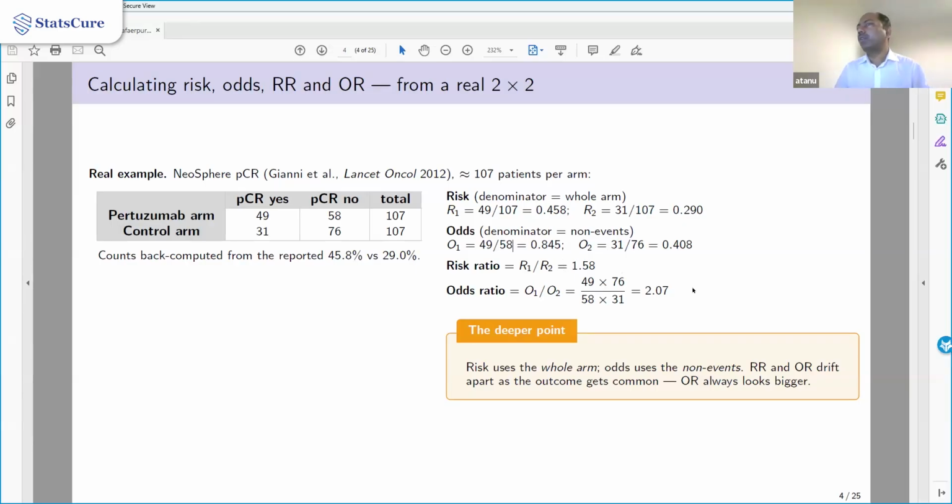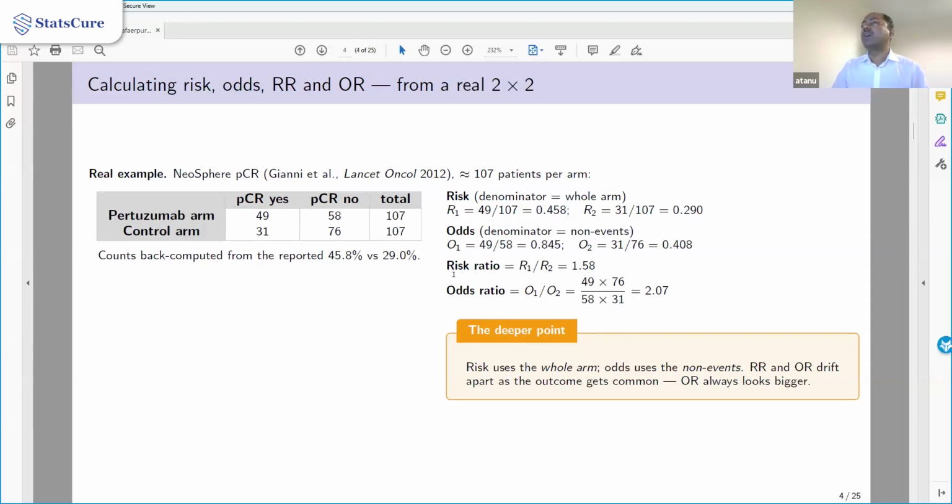Now think: once you are presenting your data and results, people use this terminology very reluctantly. But from the same data, the same table, when you talk about the odds ratio versus the risk ratio, see how much difference there is. 1.58 becomes 2.07, just the same data set, the same values. There is nothing wrong, no changes in the values in the cells.